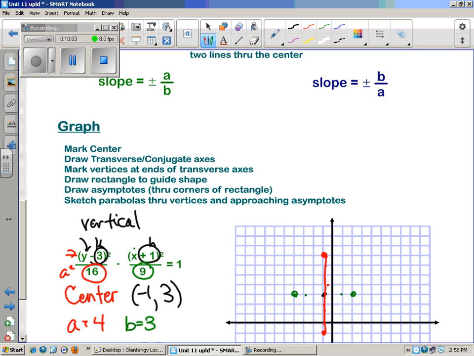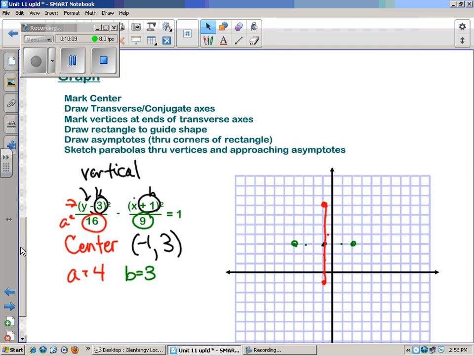So because it's vertical, which means it opens up and down, the ends of my transverse axis are my vertices. So these two ends are automatically my vertices. I see I didn't have to calculate negative b over 2a or anything like that. I already have them. All right?